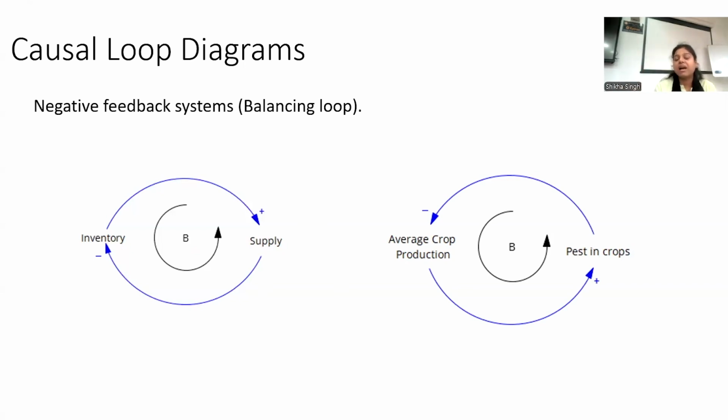If the pests are higher, the average crop production will be reduced, right? So if you see, on one side it is giving a positive impact, on the other side it is receiving a negative impact, right? So this is called the balancing loop. Balancing loop means half positive, half negative.